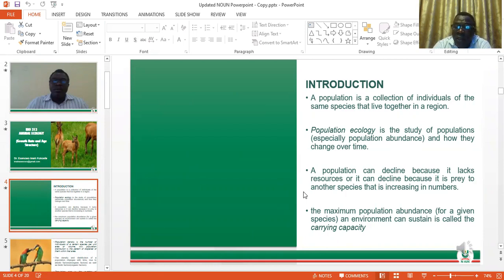We note that this population can decline, the reason being that factors will regulate this population, the lack of resources, especially maybe the prey decrease, and this may affect the predator. And we also understand what carrying capacity is, the maximum population abundance for a given species that an environment can sustain.